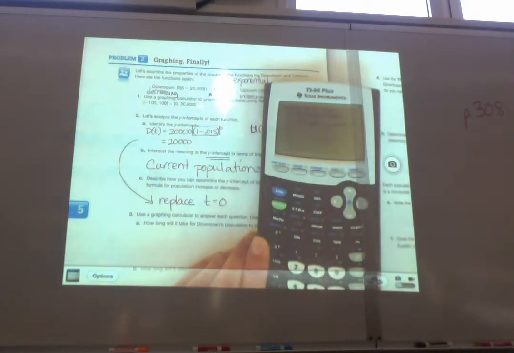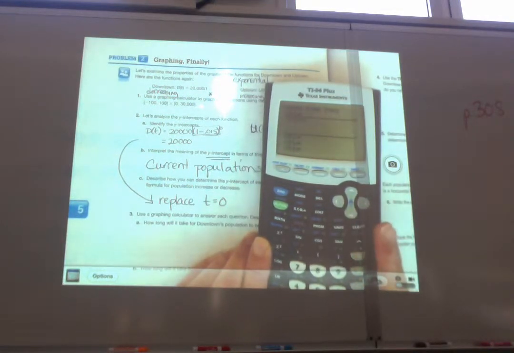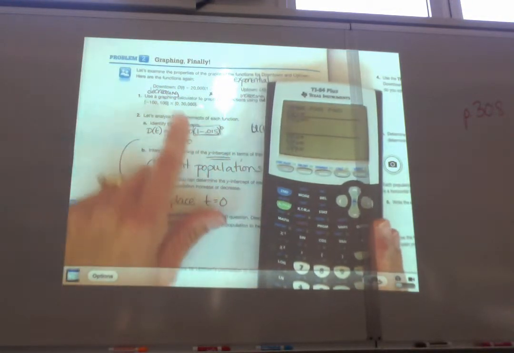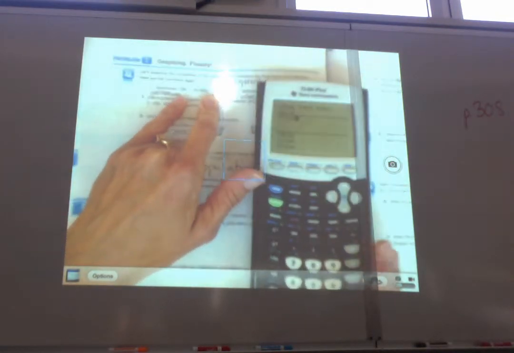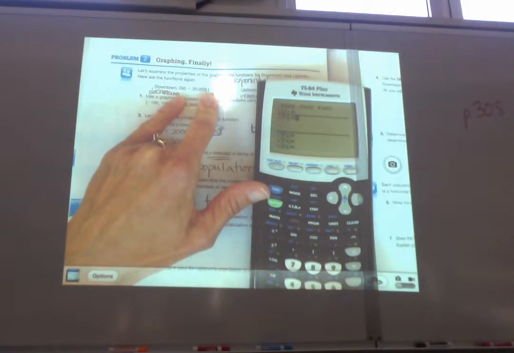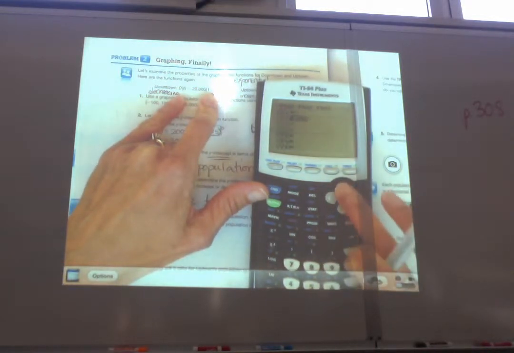We got to put them into y1, and I have some old stuff I need to clear out. Okay, for the first y1, I'm going to put downtown. Population is 20,000. Oops, that's going into y2.